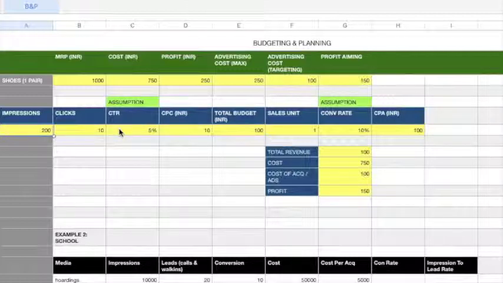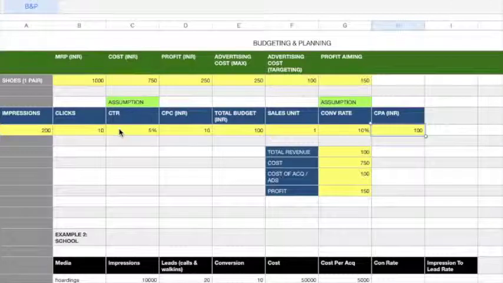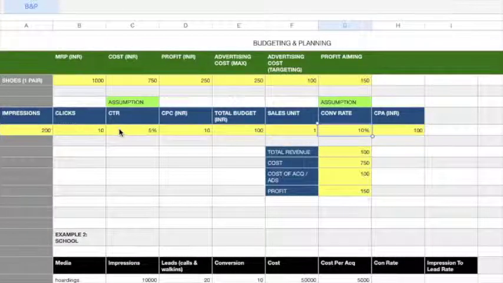So you have impressions with you, you have clicks with you, you have CTR which you have already assumed, you have your CPA which is given from the above, right? You have assumed conversion rates, you know it is being done for one sales unit, so the budget is also there with you automatically, right? So you have all the data here with you.